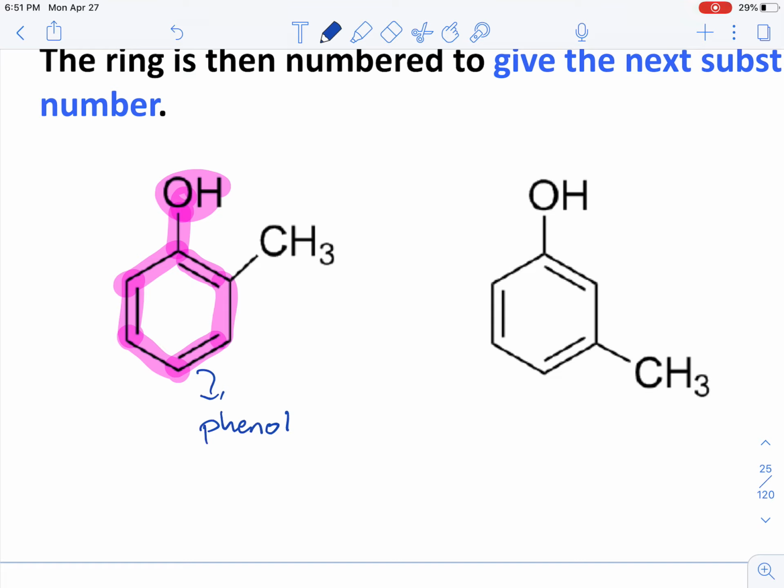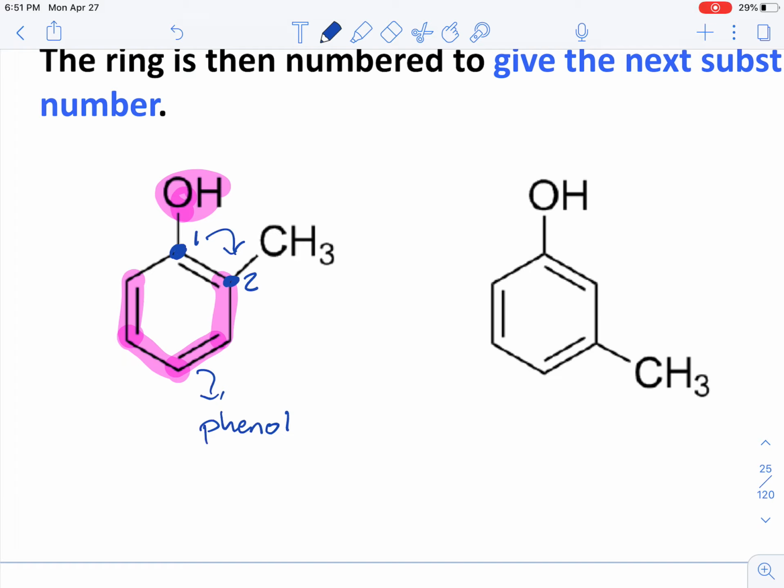For this very simple example, I'm going to erase this for clarity. Since the hydroxyl group is attached to this carbon, it gets carbon number 1. The carbon right next to it has another substituent, so that's going to be carbon number 2.